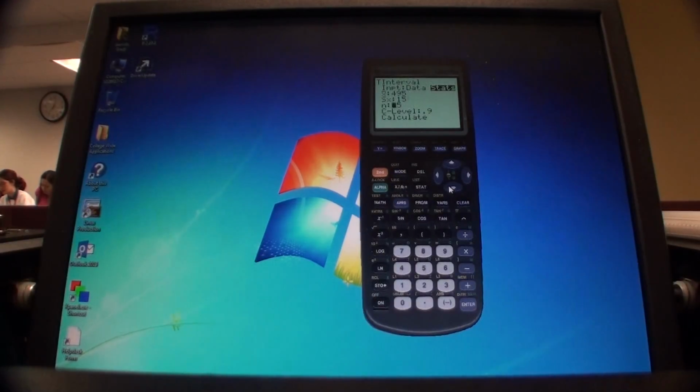The level is 98, right? 95. Yeah, it was 98 we were asked for. So we need to write 98 here. And we need to calculate this one. And that is the interval between 484 hours and 505 hours.